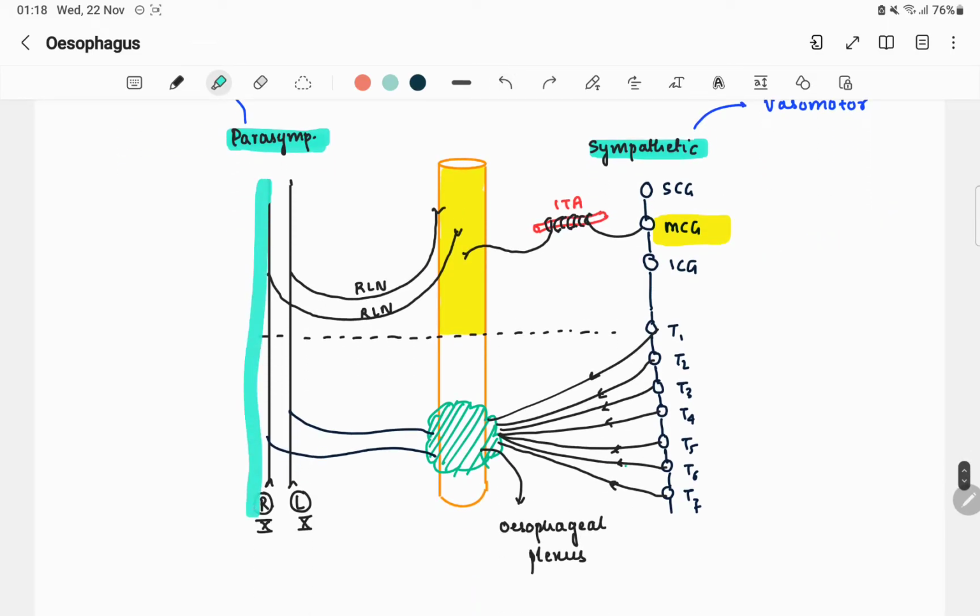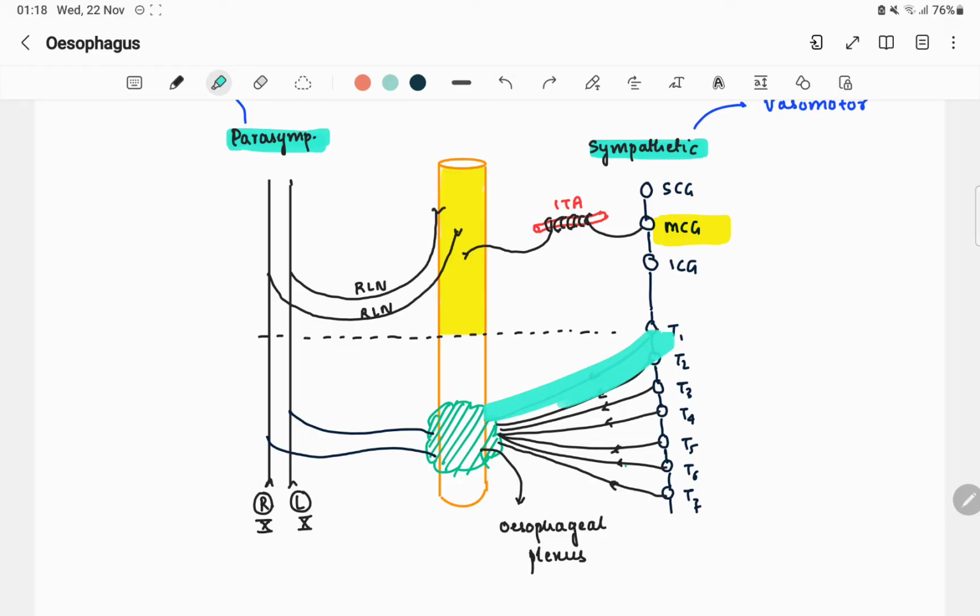So we have the right vagus nerve, the left vagus nerve, and the superior cervical ganglion, middle cervical ganglion, and inferior cervical ganglion, with T1 to T7 levels. Sympathetic supply is given by the middle cervical ganglion, which also innervates the upper part of the esophagus.